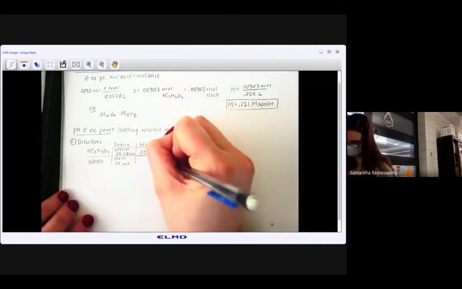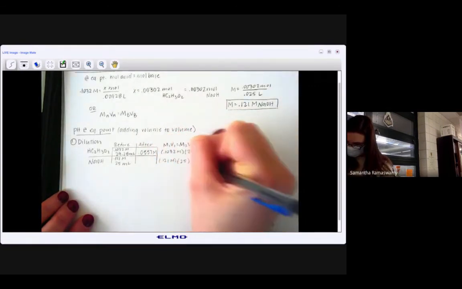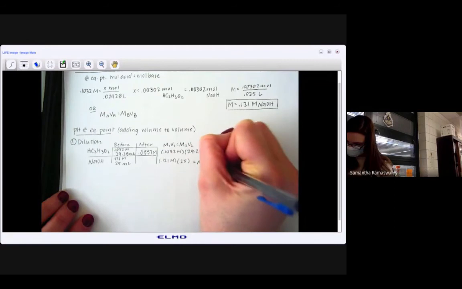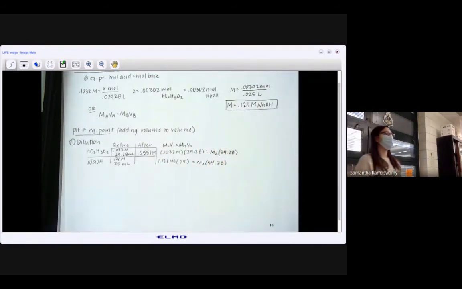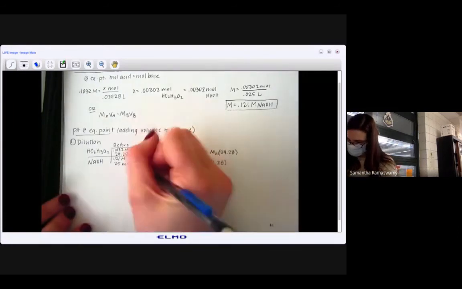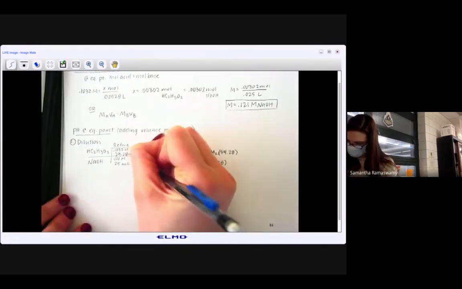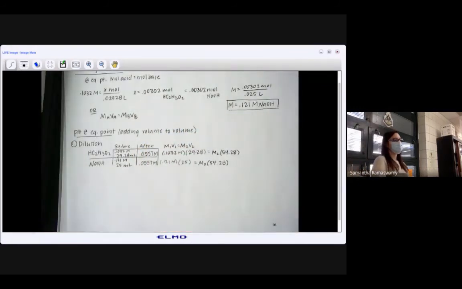Do the same thing for NaOH. Notice how the V2 for both is the same. That's the new total volume. So the new molarity of NaOH, 0.0557.